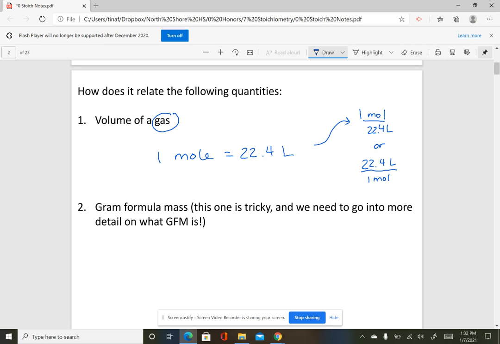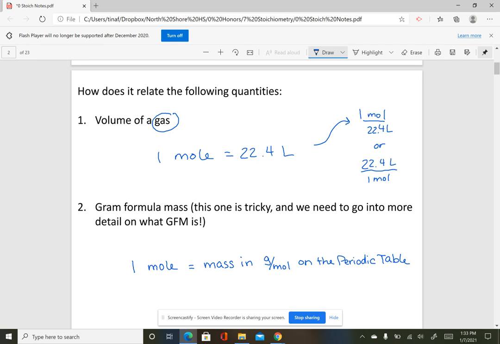Gram formula mass is a little bit tricky because 1 mole of something is equal to the mass in grams. Actually, I should say in grams per mole on the periodic table. So if you guys could take a second and take out your periodic table, we're going to need to look at it anyway in the coming slides. If you can find carbon for me, and you look at the mass of carbon, there's the number 12 there.